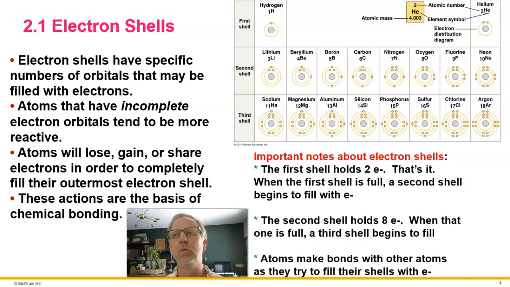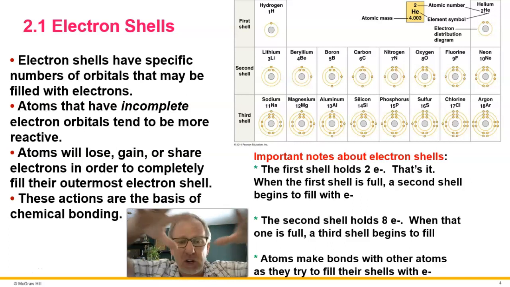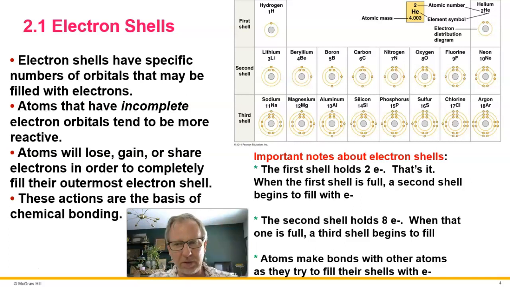First shell holds 2. The second shell, the shell that's outside the first one, holds up to 8 electrons across the board, throughout the universe, all atoms. And when that one is full, then a third shell outside of that one begins to fill up. These are some properties across the board of how atoms behave.